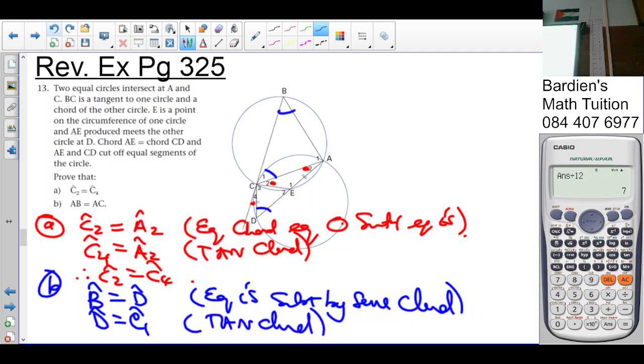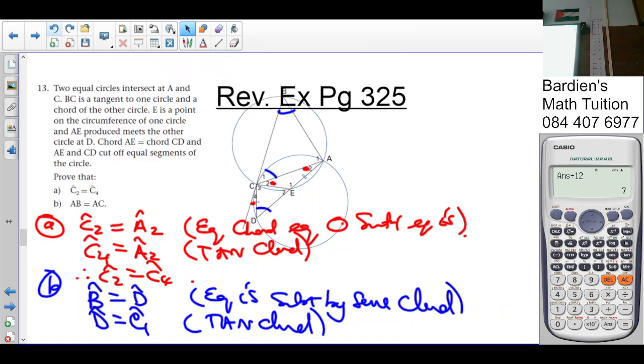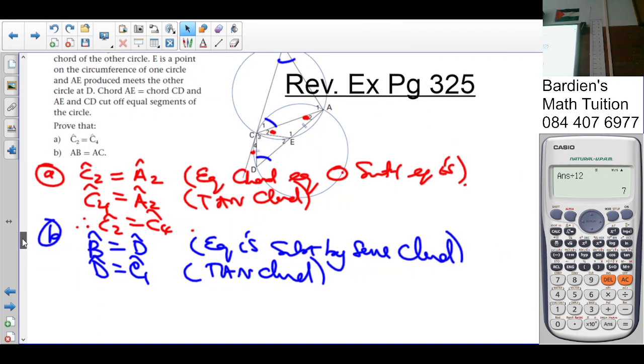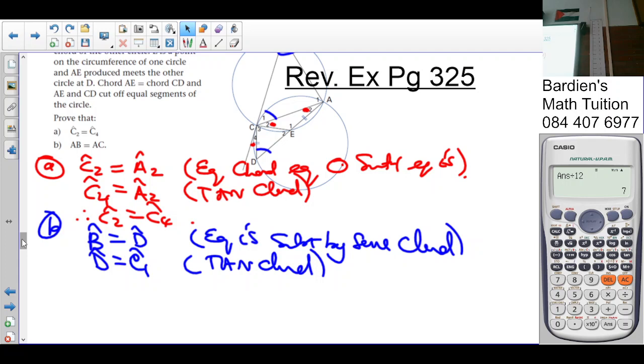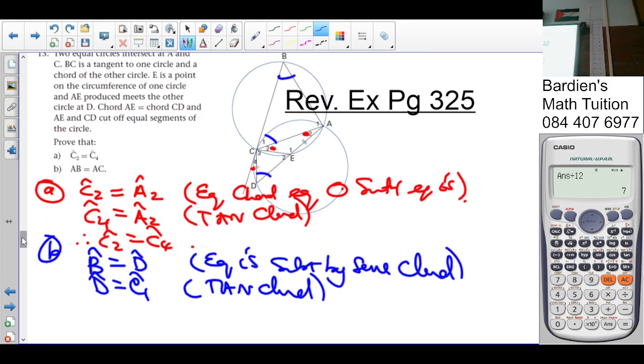Right. Now we can say since angle B is equal to angle C1, proven. Therefore AB is equal to AC. Why?